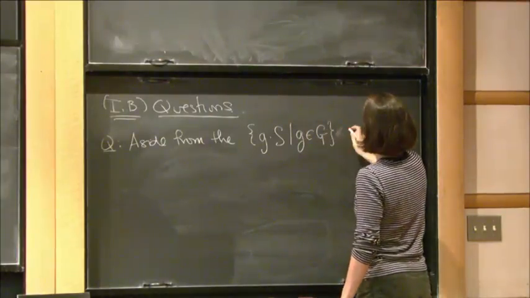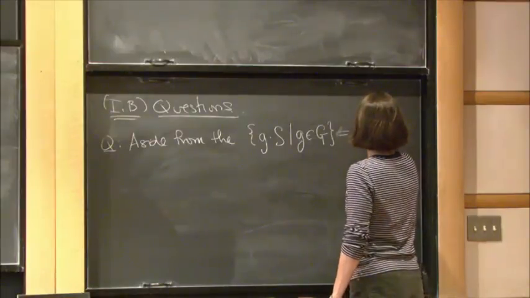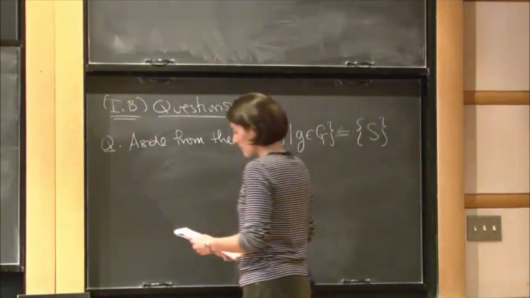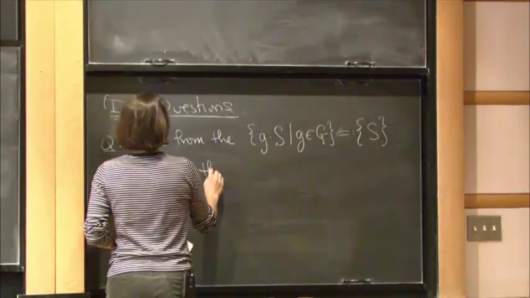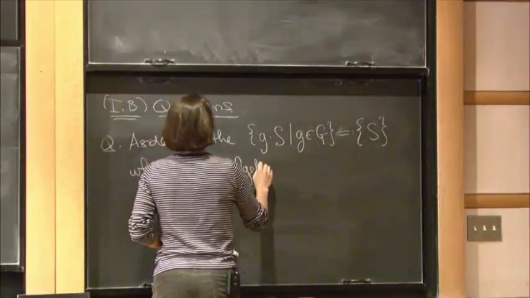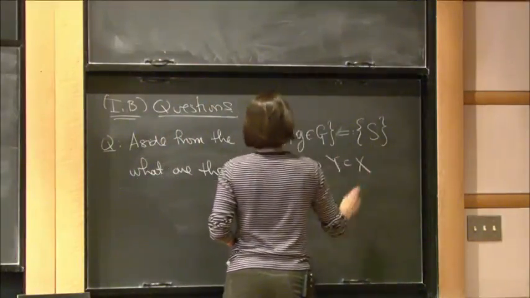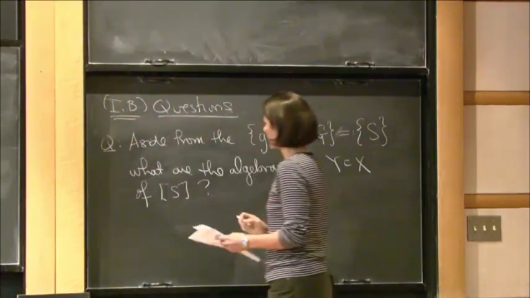Okay, we're in a homogeneous space. We shouldn't distinguish two objects that differ under the group action. So let's just call that this guy. Aside from the Schubert varieties, what are the algebraic representatives, Y contained in X, of the Schubert class?